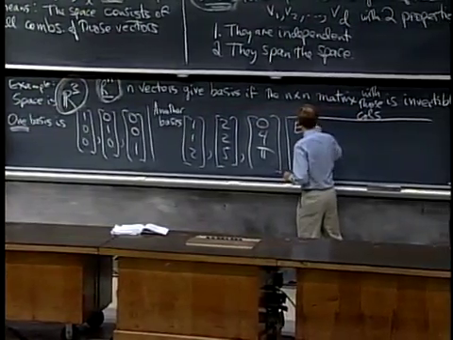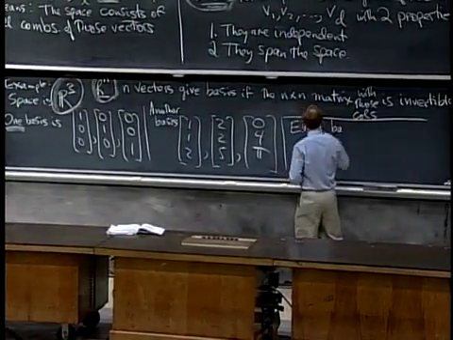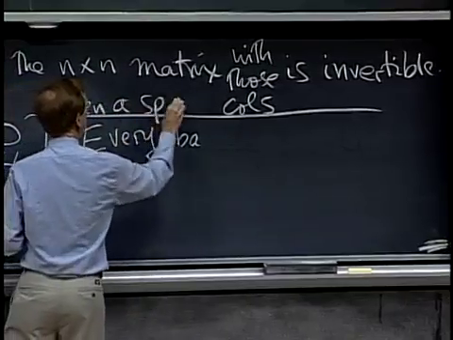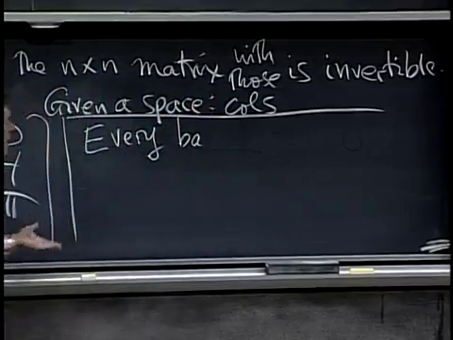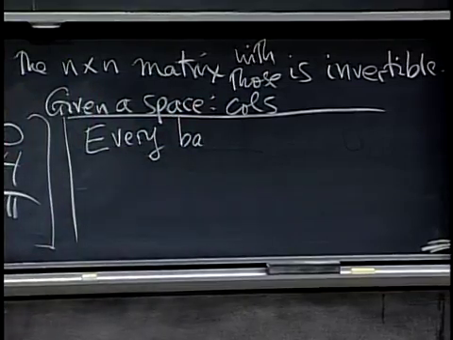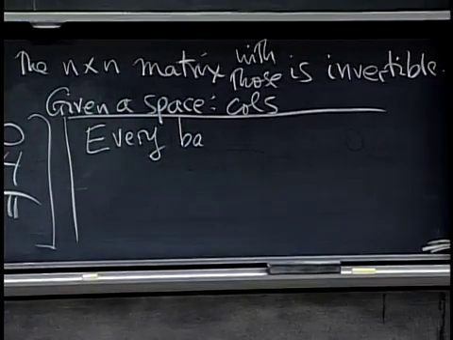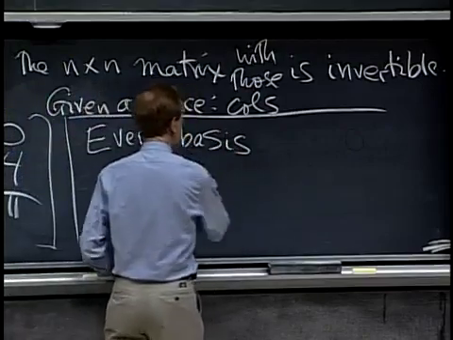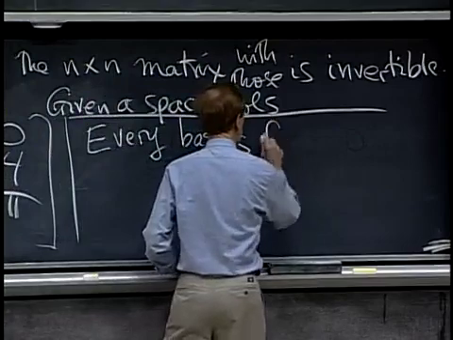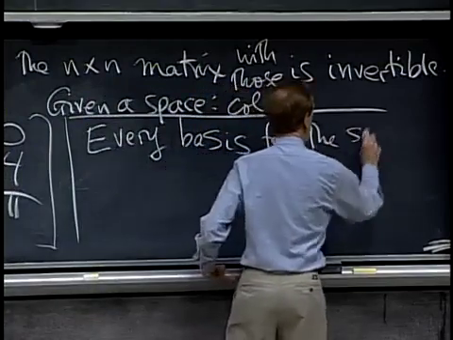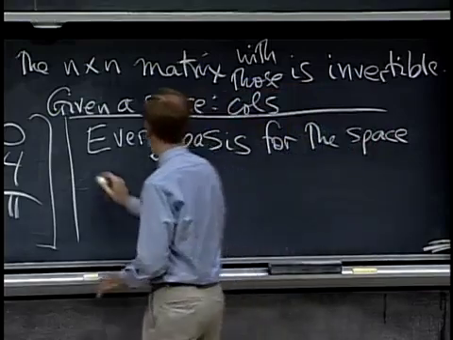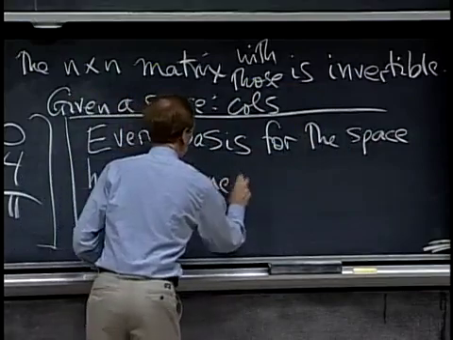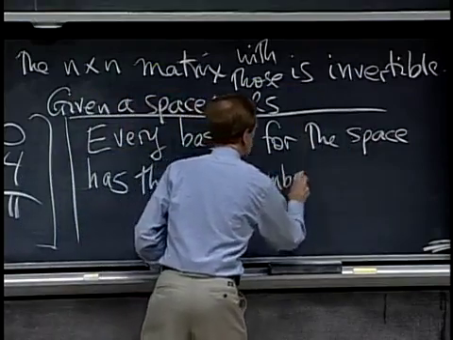Every basis, given a space, R3 or Rn or some other column space of a matrix or the null space of a matrix or some other vector space, then the great fact is that every basis for the space has the same number of vectors.